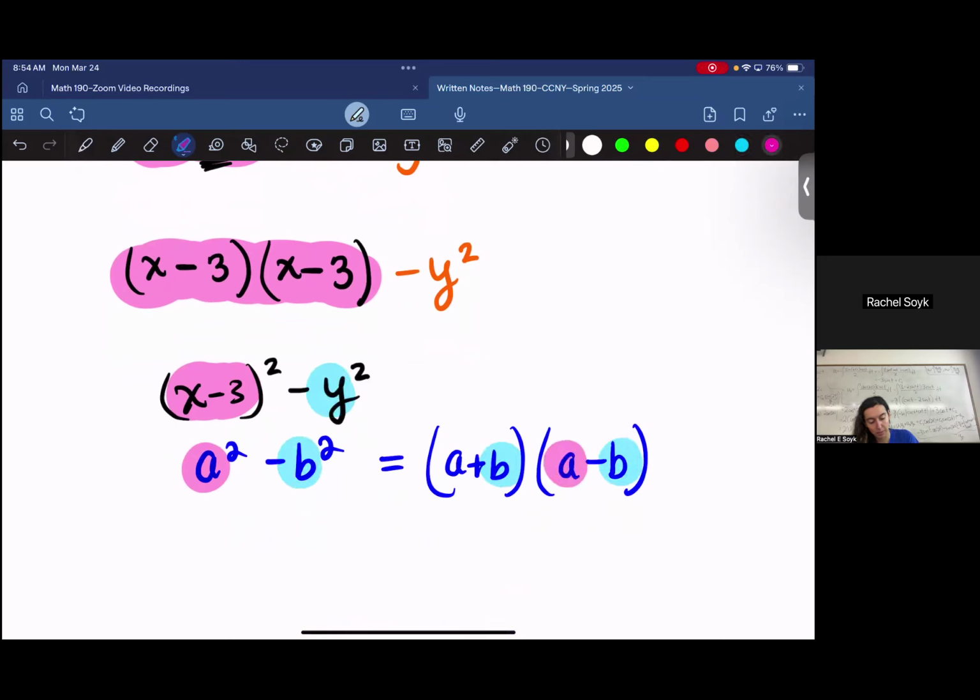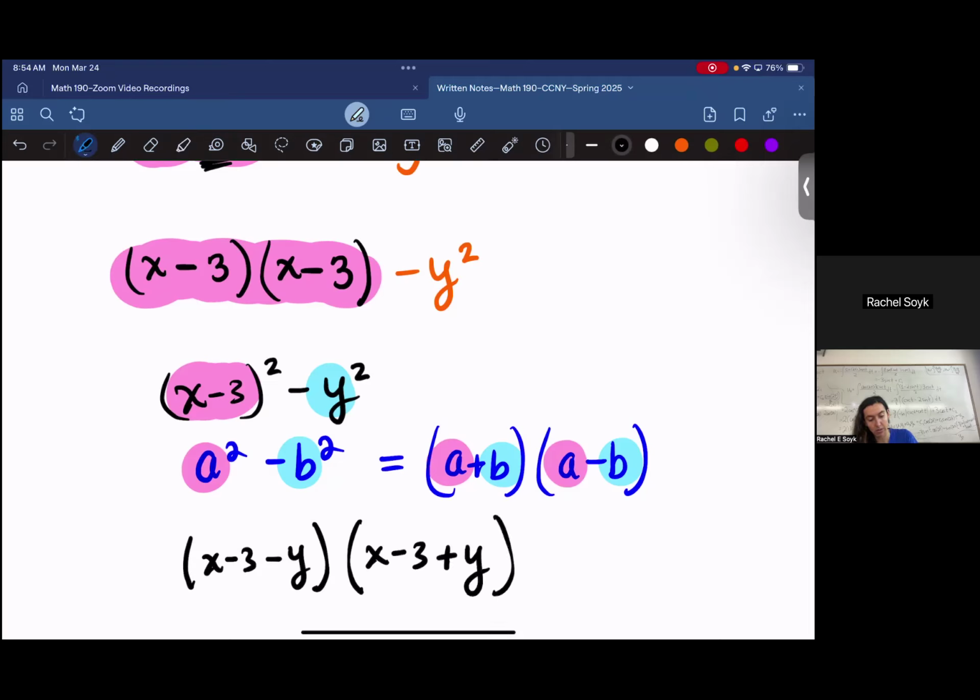So what can this be fully factored into? We have x minus 3 minus y in parentheses, and then x minus 3 plus y in parentheses. And I'll once again highlight it so you can really see the whole a minus b and a plus b.